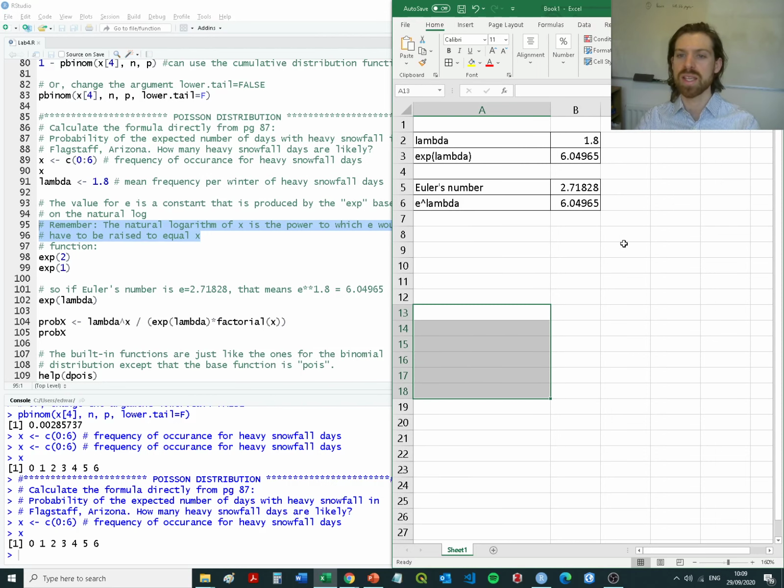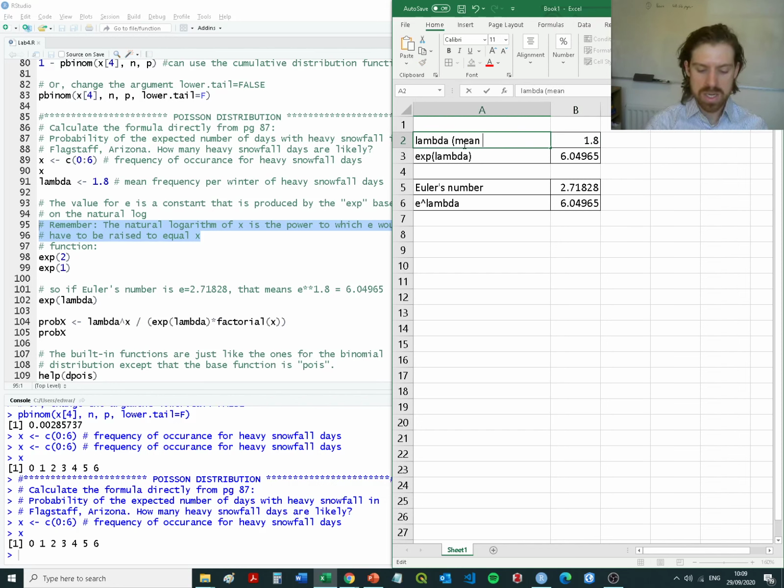So I've calculated it here in an Excel spreadsheet. Our lambda value, the mean heavy snow days, is 1.8, and all I've done in Excel is take the exponential of this value.